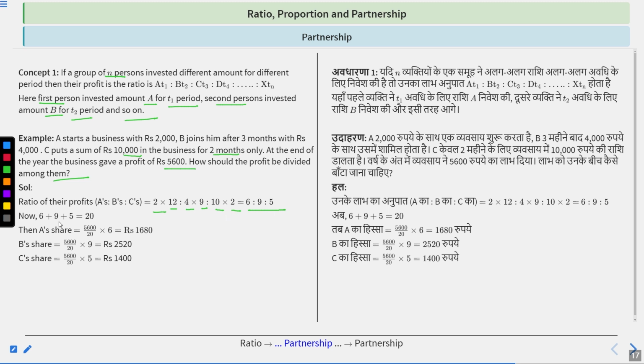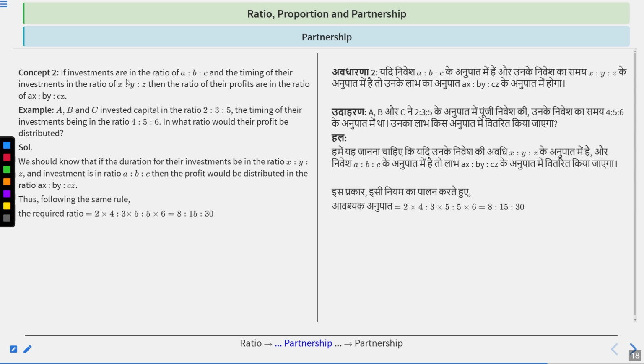So the total will be 6 plus 9 plus 5, which is 20. Now A's share is 5600 upon 20 multiplied by 6, which is 1680. B's share will be 5600 divided by 20 multiplied by 9, which is 2520, and C's share is 5600 divided by 20 multiplied by 5, which is 1400. Okay.